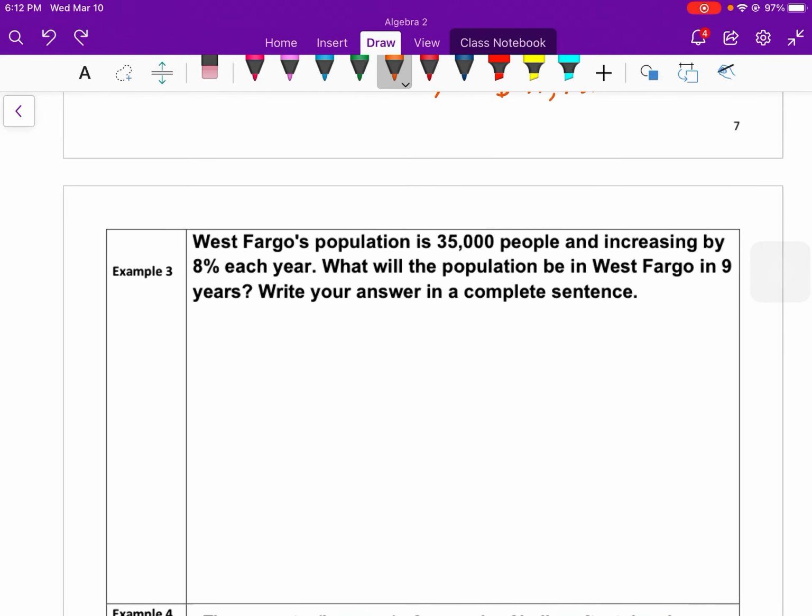Our next example, West Fargo's population is 35,000 people and increasing by 8% each year. So we should already notice some keywords. This is our initial population. We are increasing, and it's by 8% each year. So before I even move on, I'm going to write down the information I know. A equals 35,000 people.